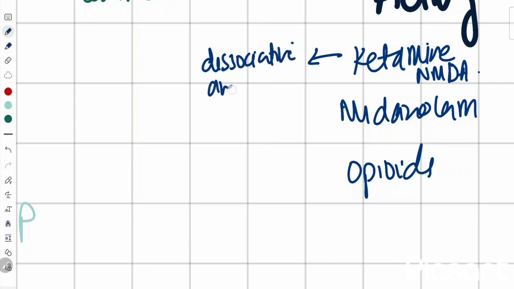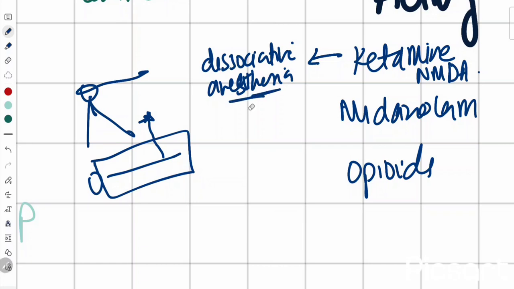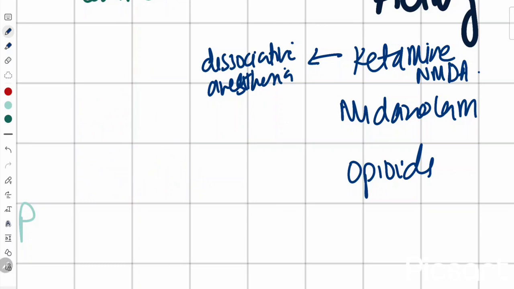The dissociative anesthesia is such that the patients are lying on the operating table and they feel like their soul has removed from their body, and they levitate above the bed and watch themselves lying on the operating table. So that's dissociative anesthesia. It's very cool that it happens.